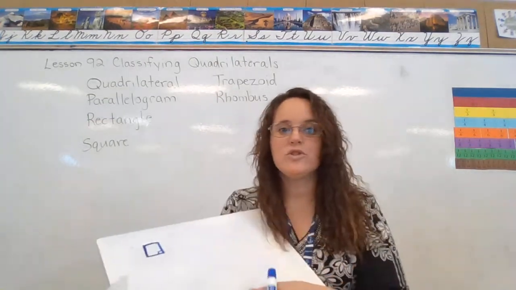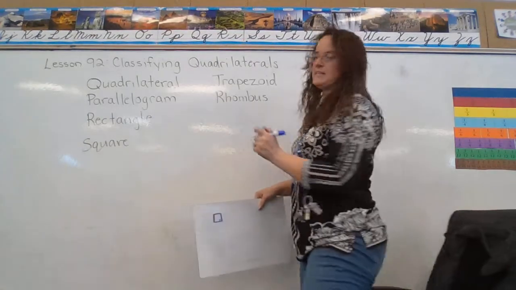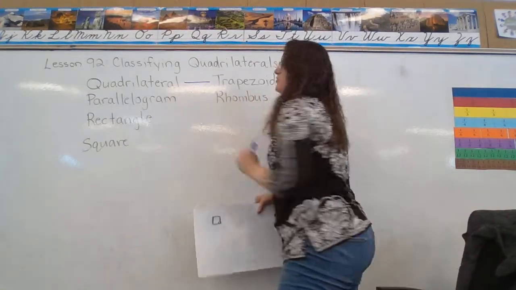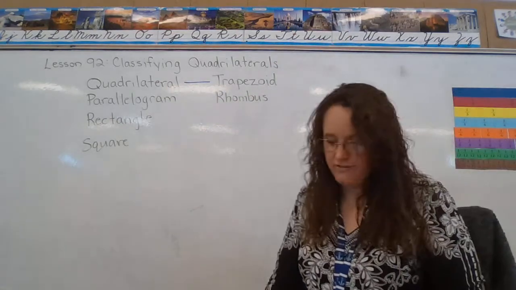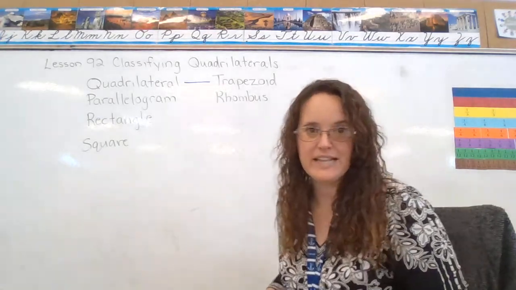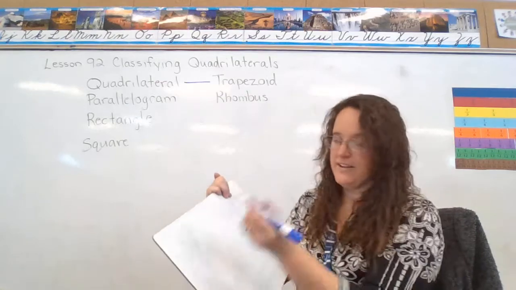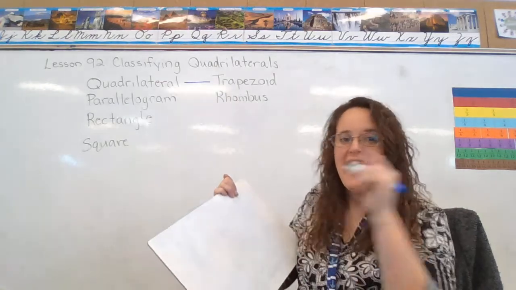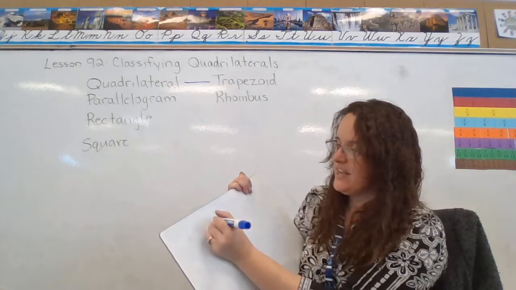All right, we're going to throw two more words in there, and I placed them where they are on purpose because trapezoids are a special kind of quadrilateral, but they are not parallelograms, and they're not rectangles, and they're not squares. A trapezoid has one set of parallel sides.